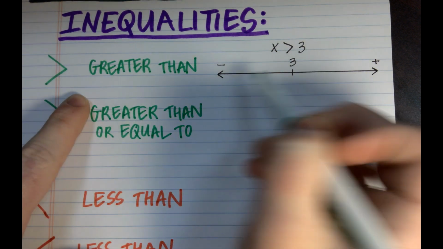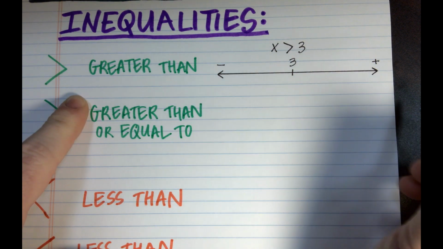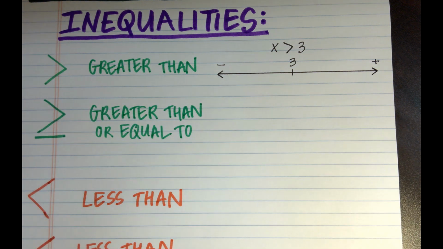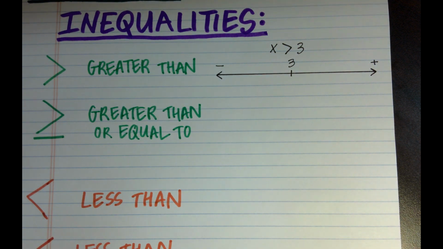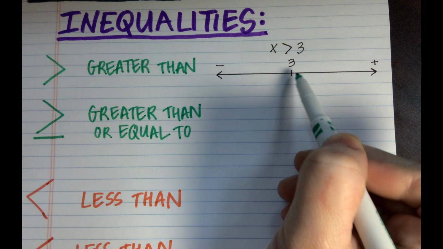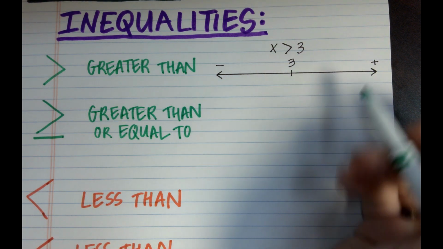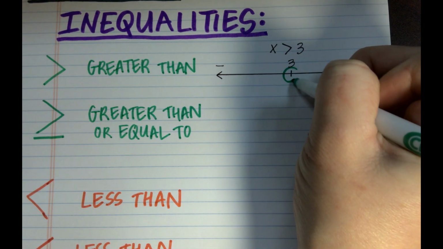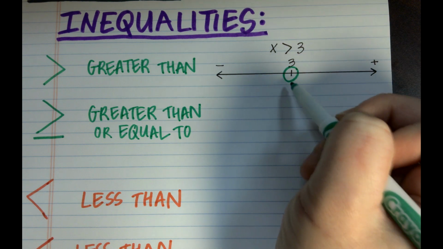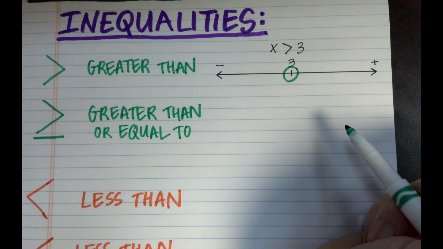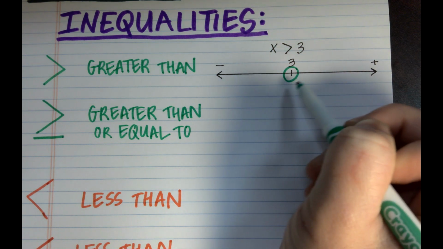So, this number line is showing us all the numbers that x could be. X can be any number that's bigger than 3. So we circle 3. Do not color the circle in. Leave it open, because we're not including 3.